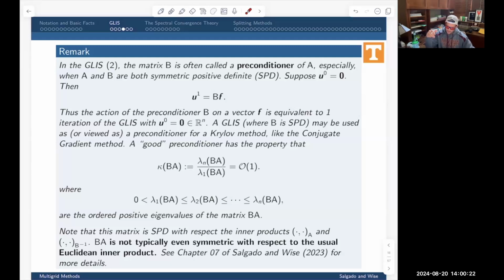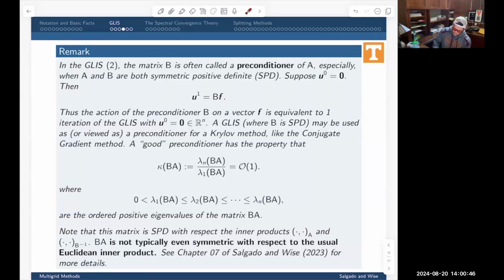However, we can say that a preconditioner is good if when I multiply B times A, I get something close to the identity, so that its condition number is close to 1, meaning all of its eigenvalues are clustered around the same number. The eigenvalues don't have to themselves be 1; they just have to be basically all positive and the same number.